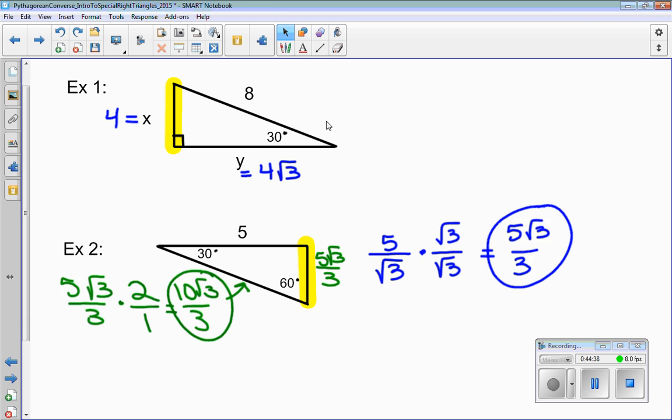I believe, I've got to double check, but I believe each of these have an X and a Y. So just look through it for me real quick and double check that that does happen. But I want you to go ahead and start working on it now, because this is just straight up. Do we remember what our two cases are? Is it a 30-60-90? Is it a 45-45-90?